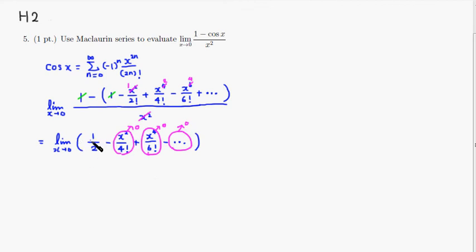So only the first term remains; everything from the second term on approaches 0. Therefore, the limit is simply 1/2. All right, that's it. I hope that this was clear.